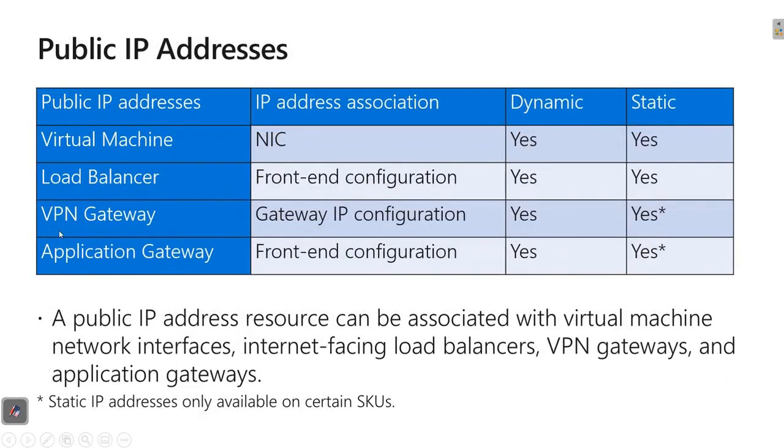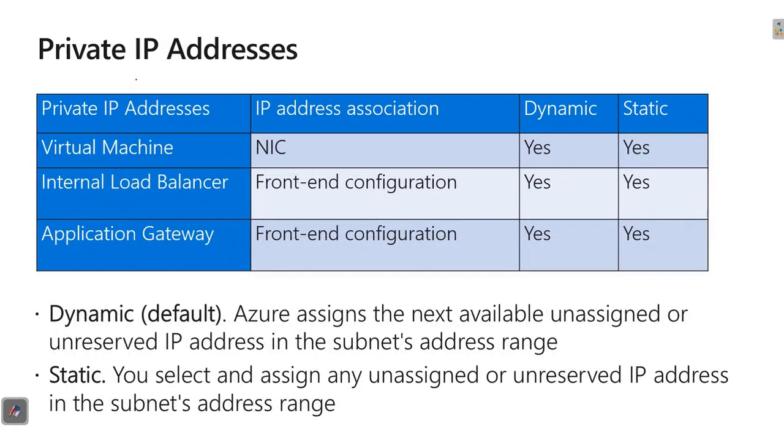I have the public load balancer, which has the front end IP configuration with public IP, and the back end is always private IP. So take a screenshot of this page, which is under public IP address, and also the private IP address, which is very important from the exam perspective and also for your day-to-day job.